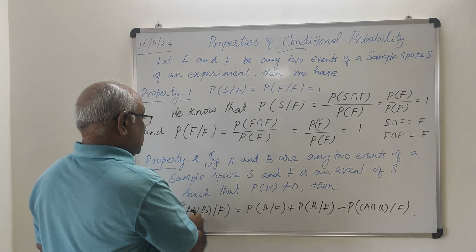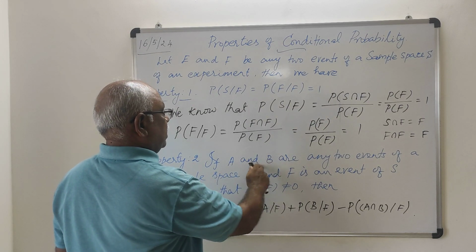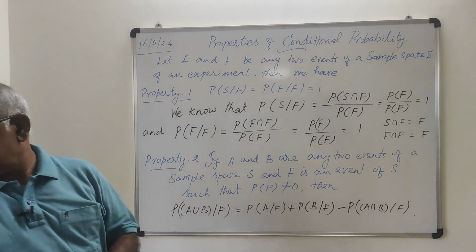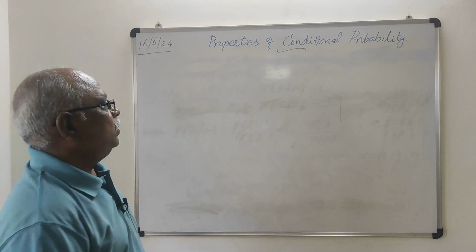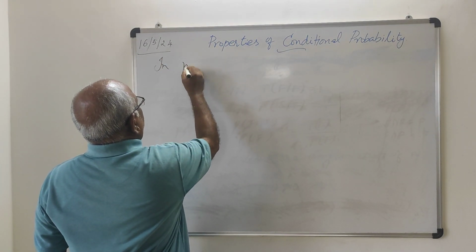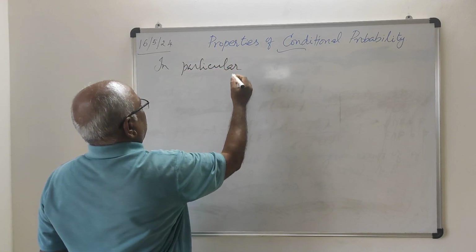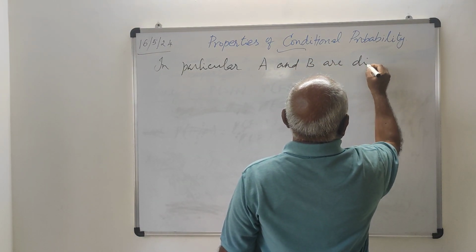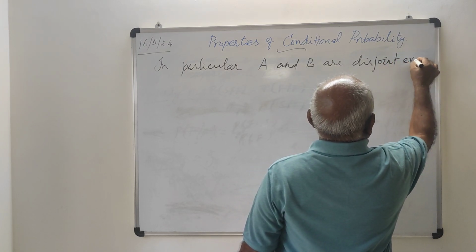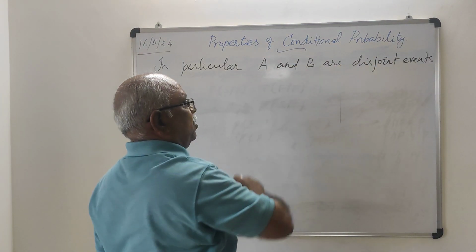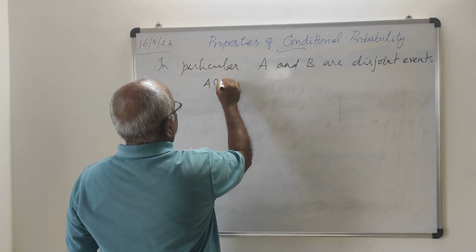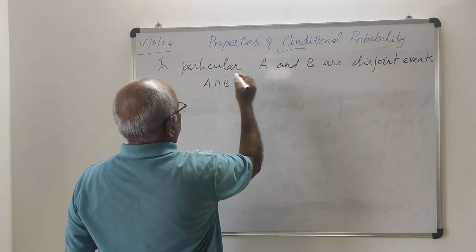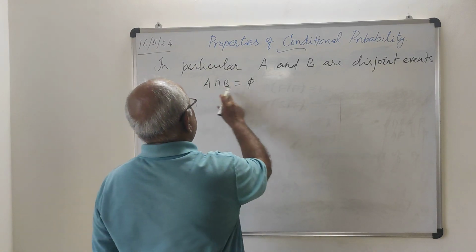Suppose A and B are disjoint events. In this case, A intersection B is the null set.